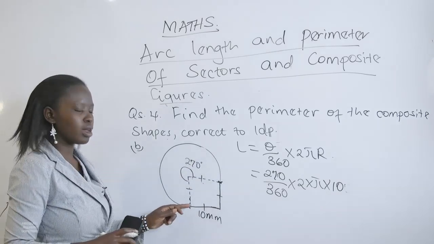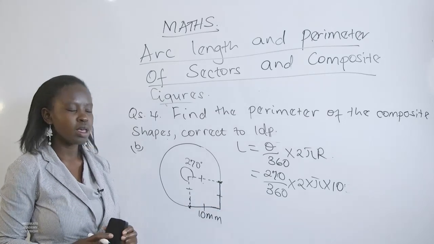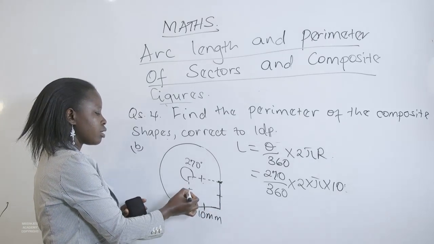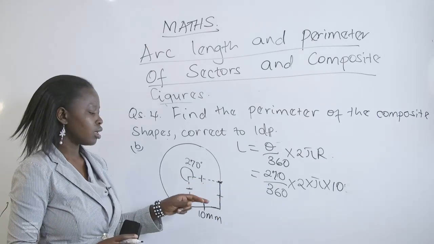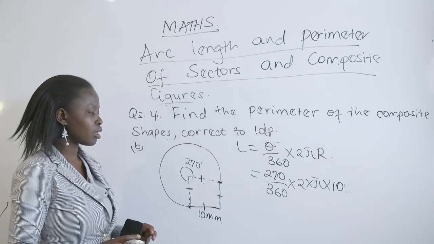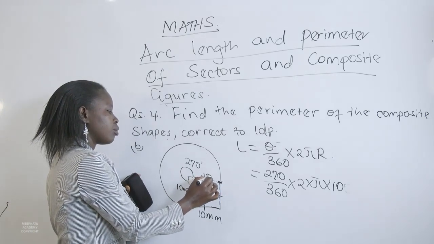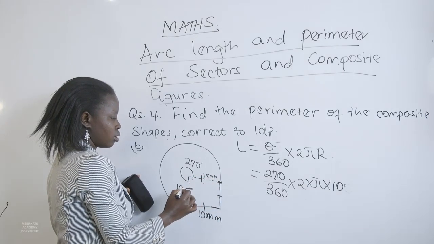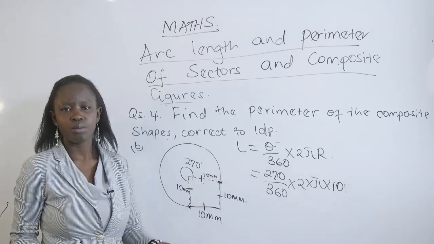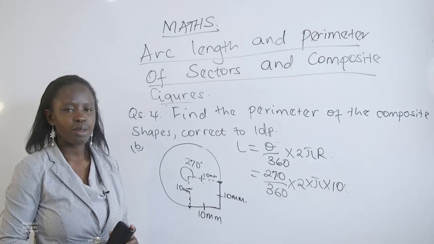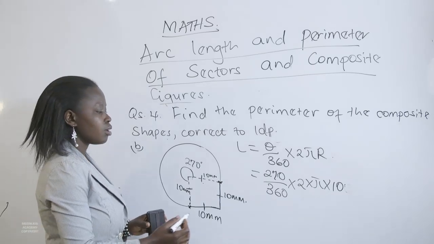We've already gotten the length of the arc, and we want to get the perimeter. These lines simply show that these four sides are equal. And if this is 10 millimeters, then we have another 10 millimeters, and this one is also 10 millimeters.